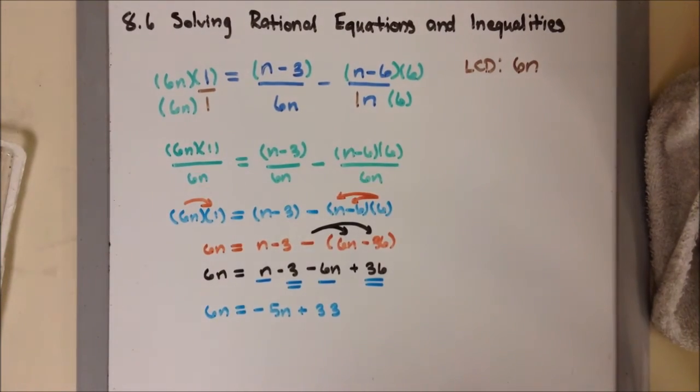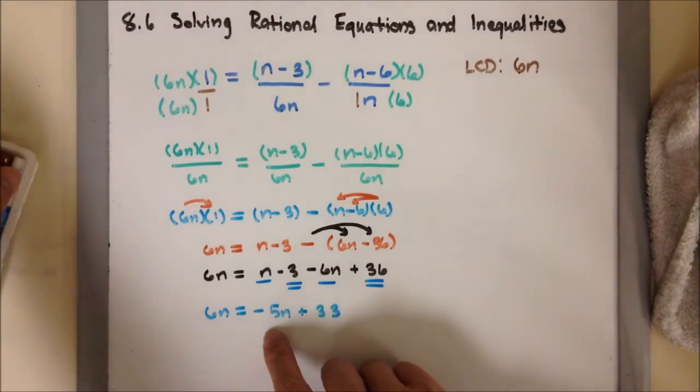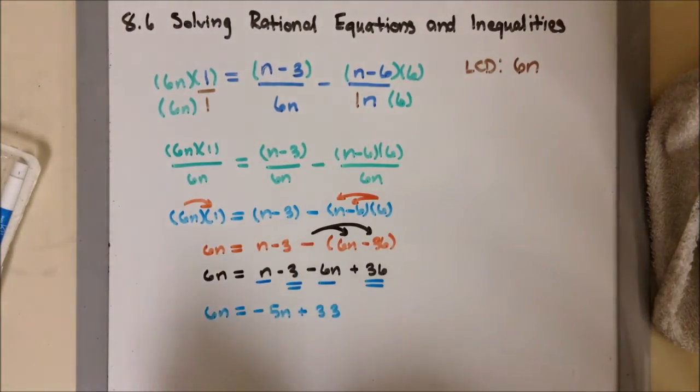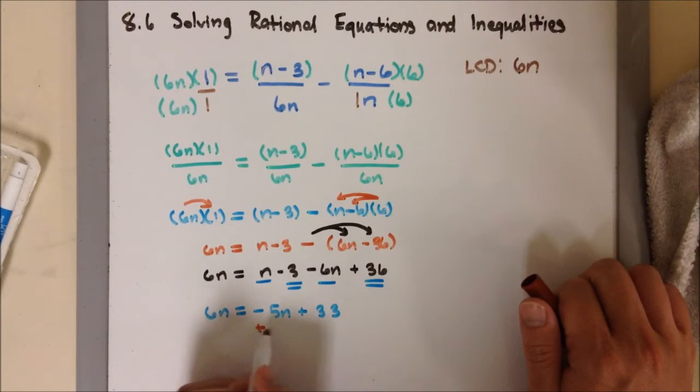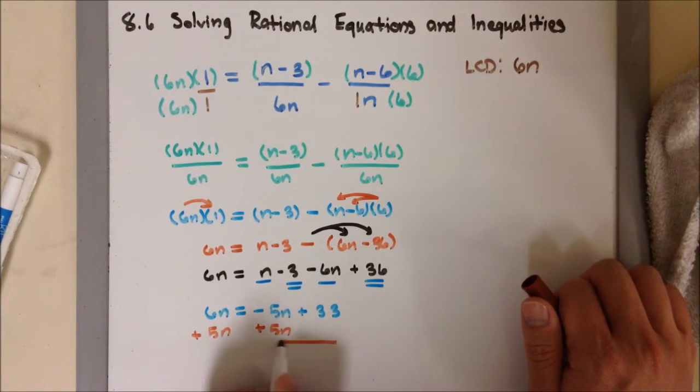Now from that point, I'm going to get all my n's to the same side. I'm going to cancel out negative 5n by adding 5n to both sides. This will be 11n equals, cancel out, and I'm left with 33.